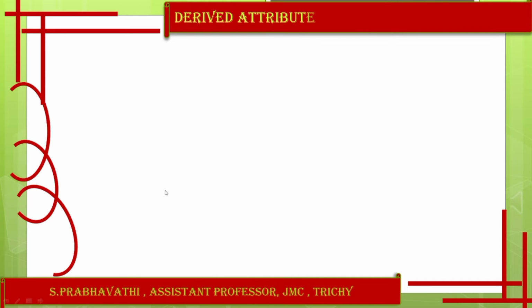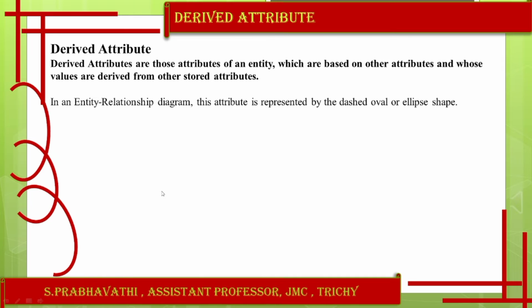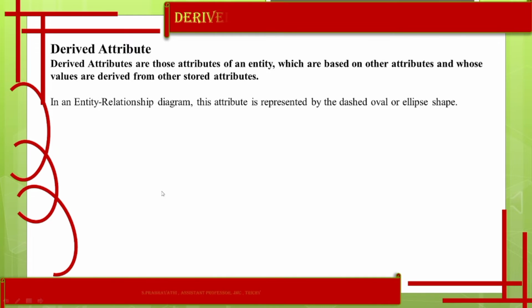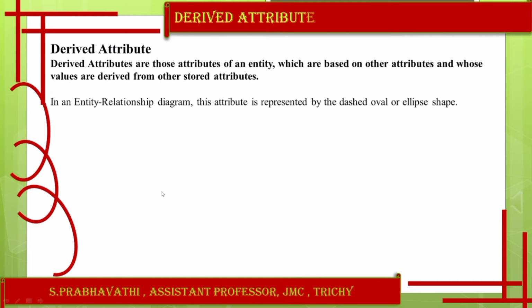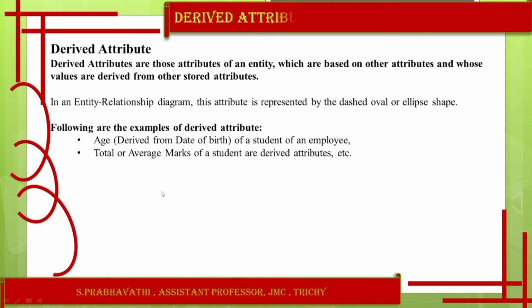Next, derived attributes. Derived attributes are attributes of an entity which are based on other attributes, and whose values are derived from other stored attributes. In the entity diagram, this attribute is represented by a dashed oval ellipse.